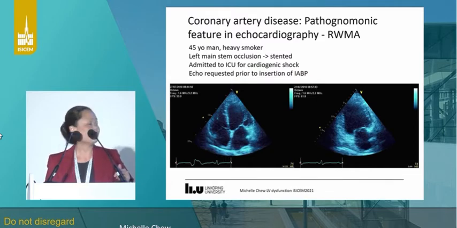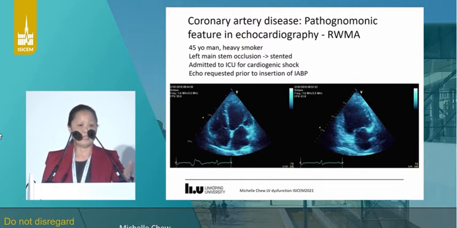This includes a description of the severity of the abnormality, mild, moderate, or severe hypokinesia, or even dyskinesia, but you can also quantify it as a wall motion score index. I know this is not commonly done in critical care, but it is a good measurement that will quantify the degree and severity of regional wall motion abnormalities.